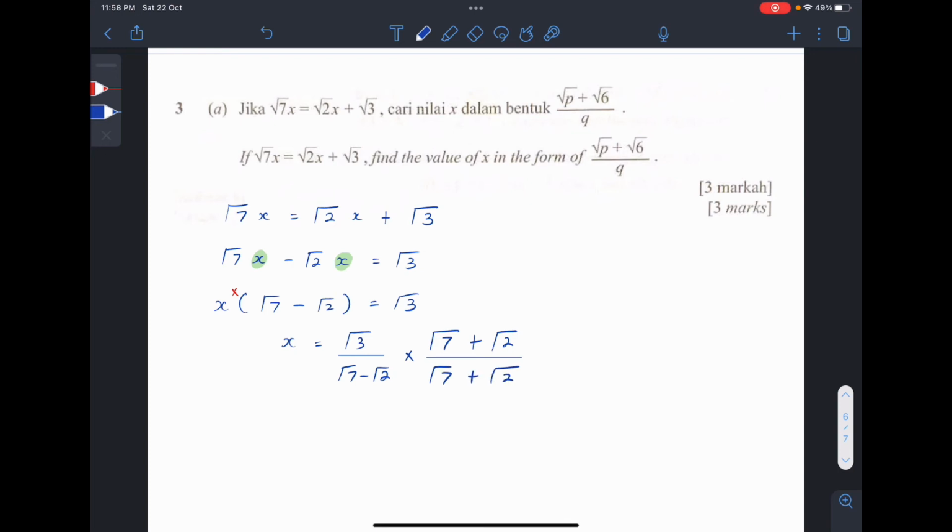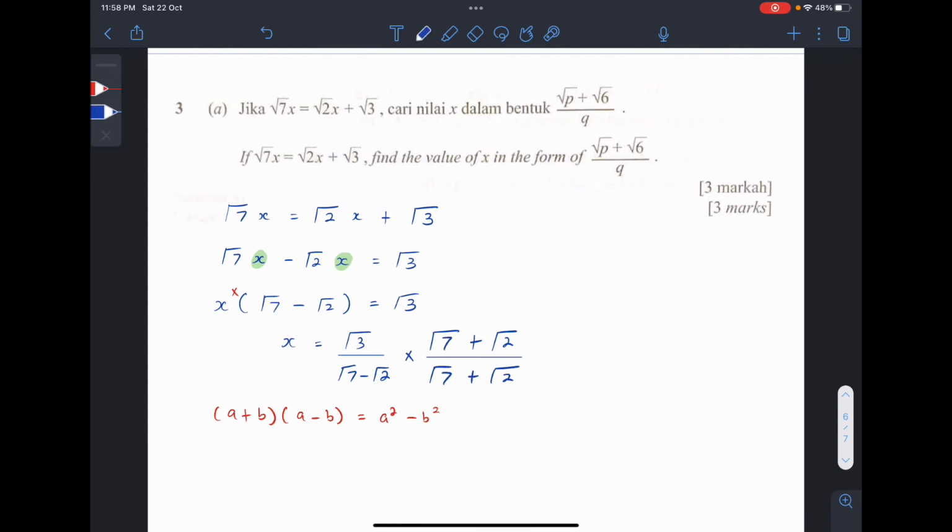I think a really good tip here to solve this really quickly, because you don't want to waste time, is to always remember this, let me see if I can remember it. So (a plus b) bracket (a minus b) equals a squared minus b squared. Yes, this is the one. So this is to solve the bottom part of the fraction way faster.